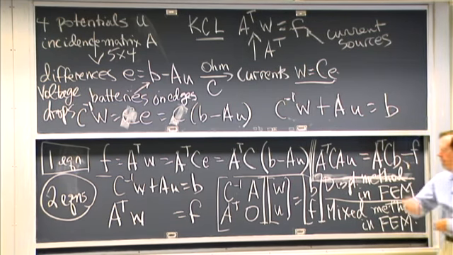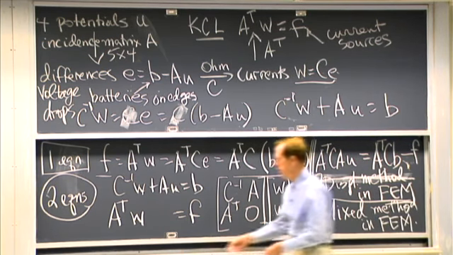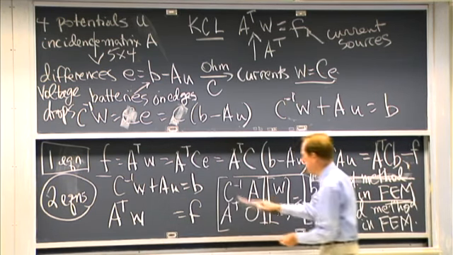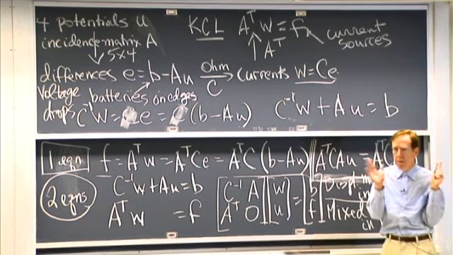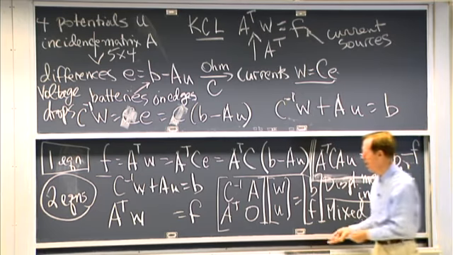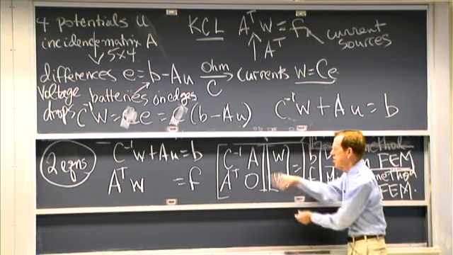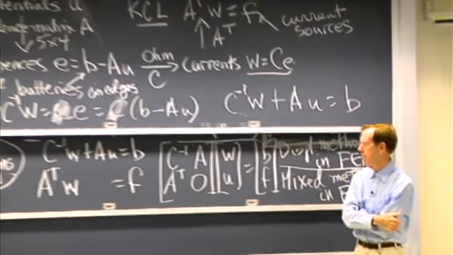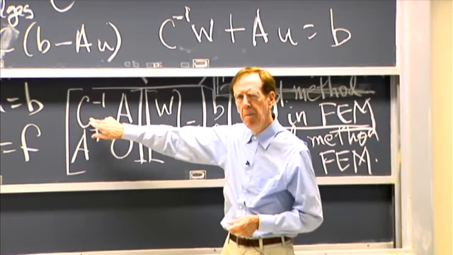Well, if I wrote that matrix down, I want to ask you about that block matrix. What's its size? All right, now just focus entirely on that block matrix, because that's what I care about. What's the size of that matrix? Let's see, what's the size of C?